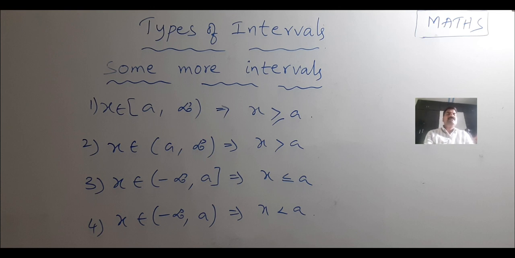Hence I can mention here x less than or equals to a. Now the fourth one, x belongs to open interval minus infinity comma a. Here clearly a is not included, so simply we can mention x less than a. Got an idea?